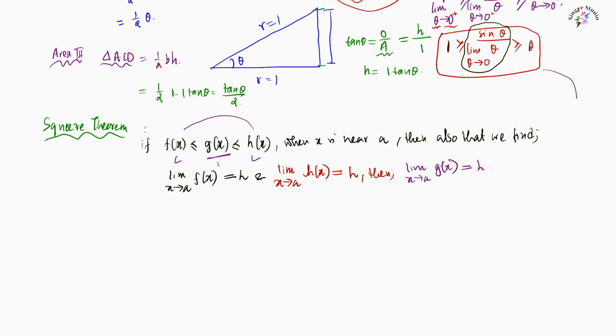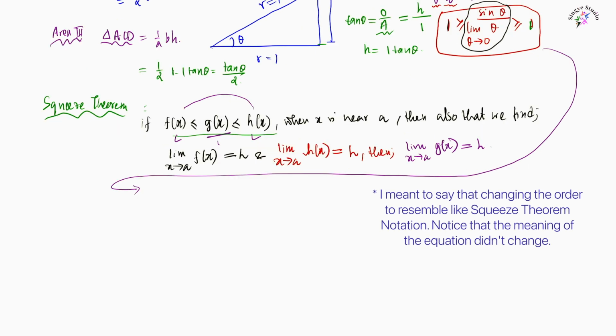So this case is exactly the same here. Okay, so if you flip this to make this kind of arrangement by switching the order, we will get 1 less than or equal to the limit of sine theta upon theta as theta approaches 0, which is less than or equal to 1. It is the same because this is L and L, so they are equal, which means that finally this limit of sine theta divided by theta when theta approaches 0 is indeed 1.